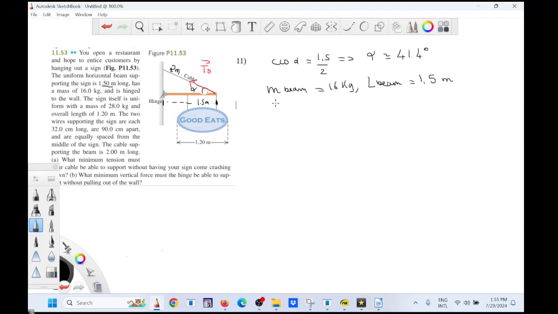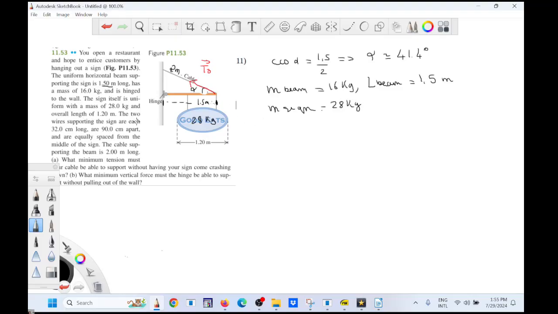So the center of mass relative to here will be somewhere at the center, at 0.75 meters, right? And then you have the sign, and this one has a mass of 28 kilograms. So the mass of the sign is 28 kilograms.